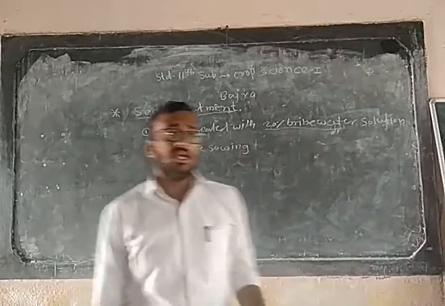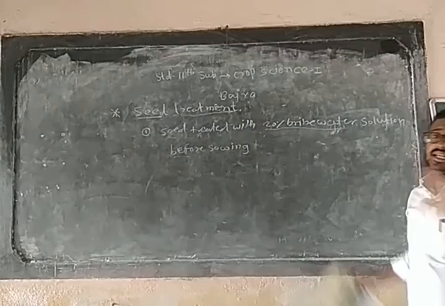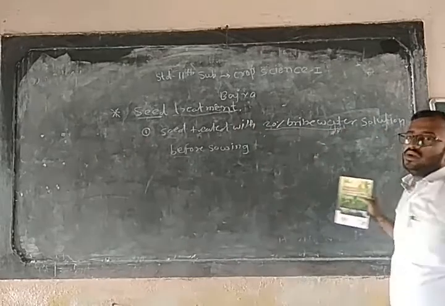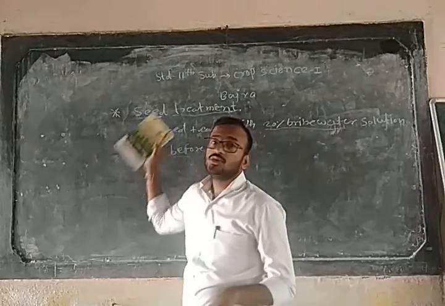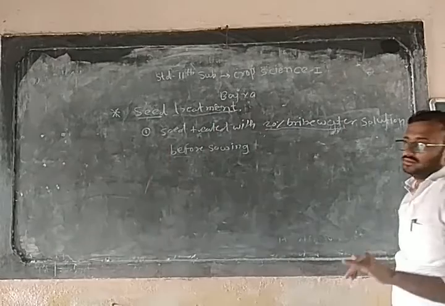It is nothing but take 1 liter of water, or take 10 liters of water and 200 gram salt dissolved, and in that water your sowing purpose seeds are dipped.